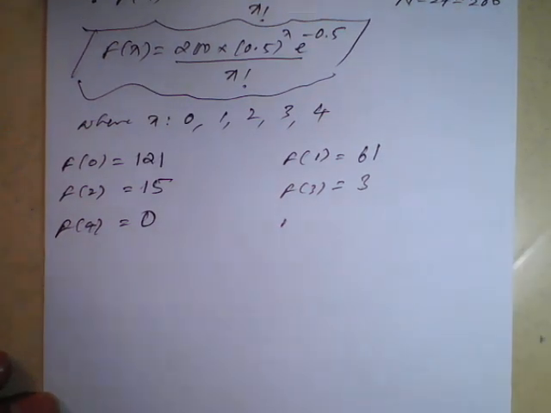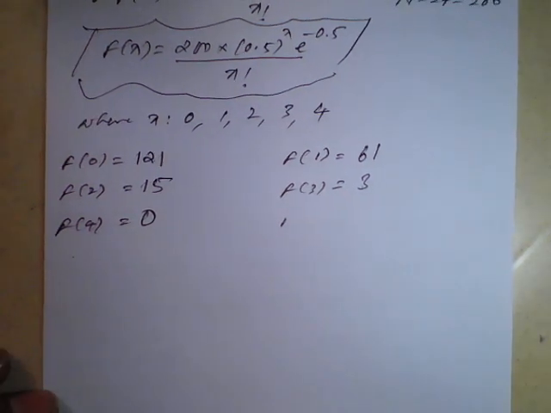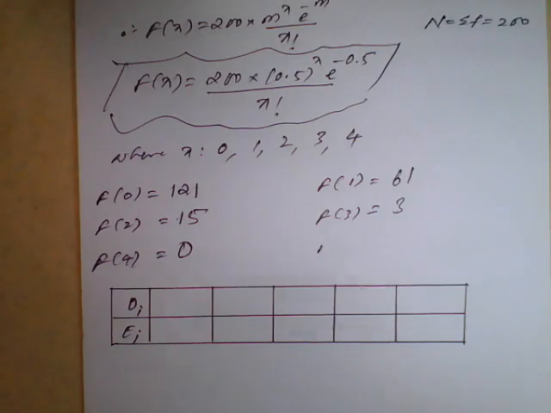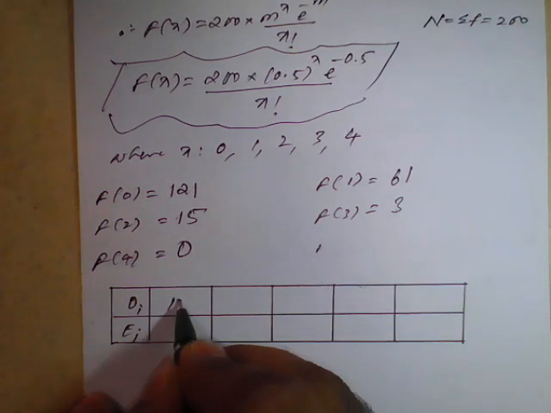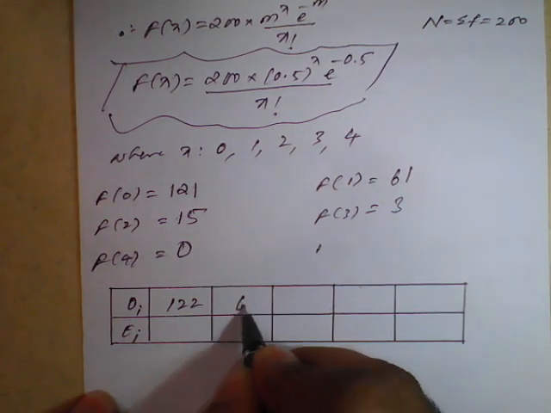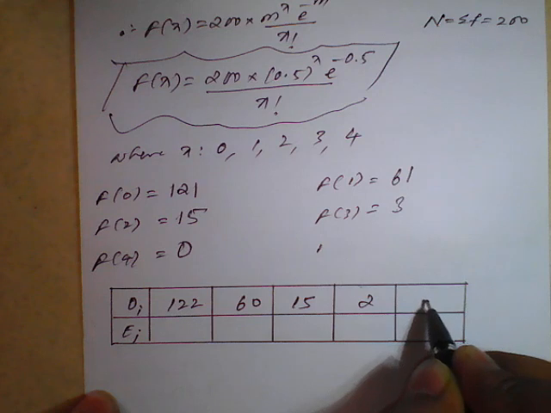Fine. So therefore we will prepare a table for observed and expected or theoretical values. The O values, that is the observed values, we will take from the table: 122, 60, 15, 2, 1.